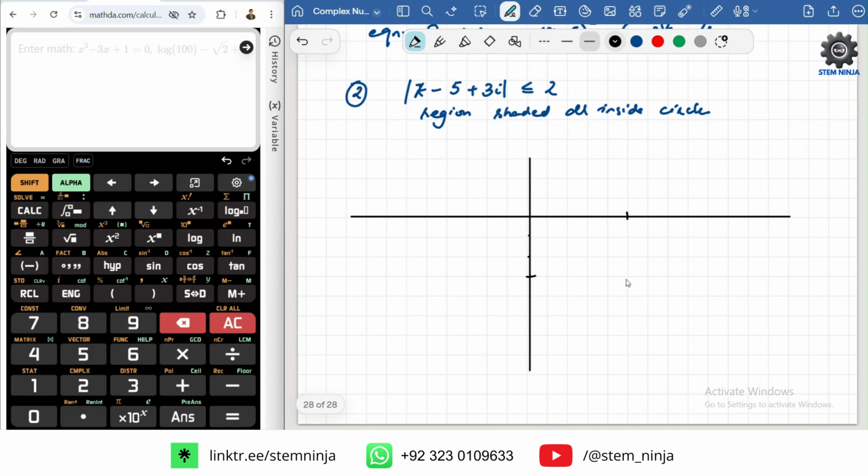So that means the maximum point is over here, the minimum point over here, and this would be boxed in over here, and right at 7. Okay, so we just need to draw a circle.